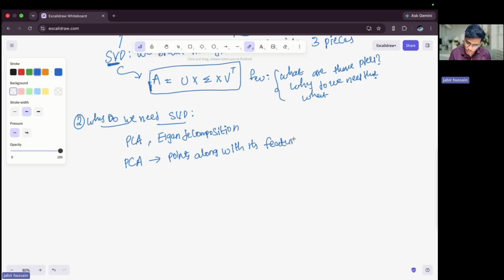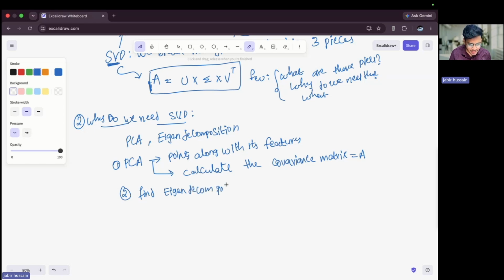After taking it, the first and foremost thing is to calculate the covariance matrix, and this will be our A. After calculating the covariance matrix, we used to find eigen decomposition.